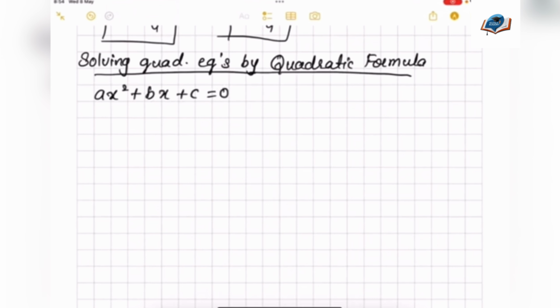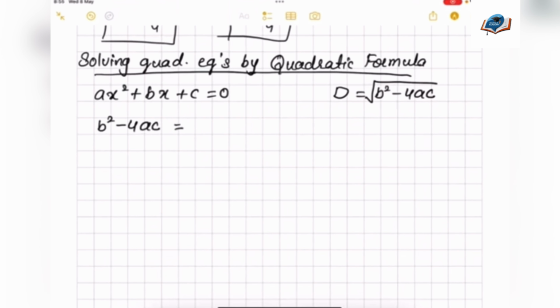We have to remember the discriminant, that is b square minus 4ac. Now root of b square minus 4ac, how will I find it?